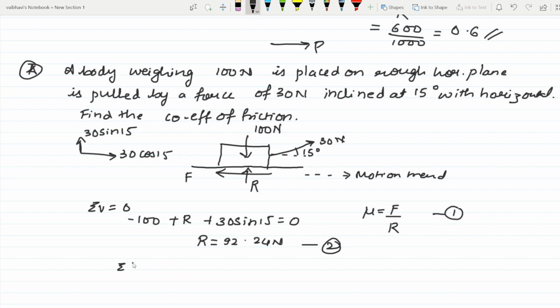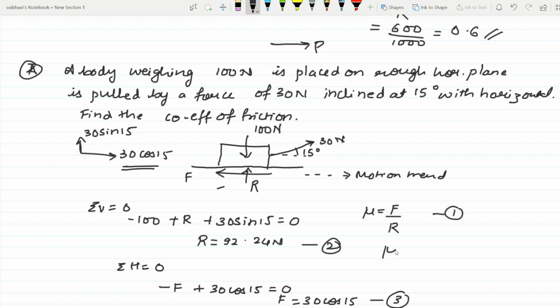Then resolving forces horizontally. The frictional force is towards negative, so minus F, and the other horizontal force is 30 cos 15, so plus 30 cos 15 equal to 0. So F equal to 30 cos 15. This is equation 3.